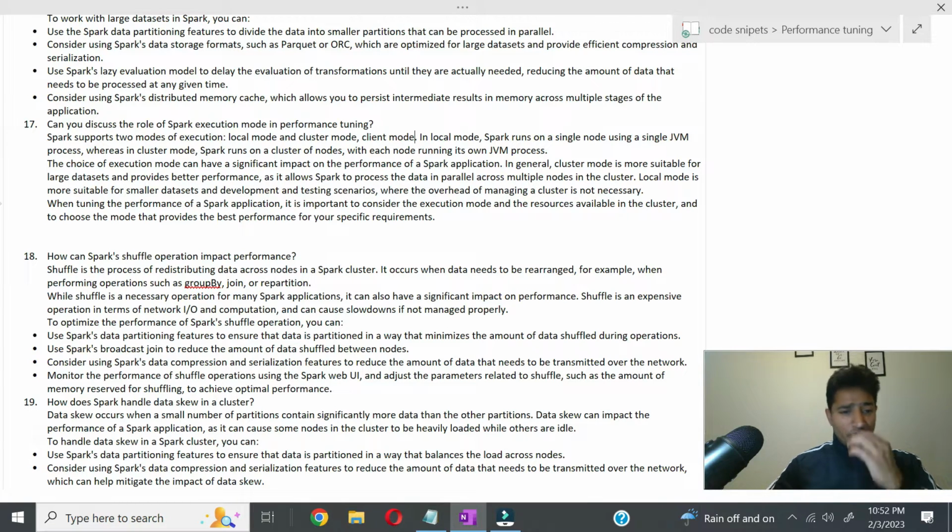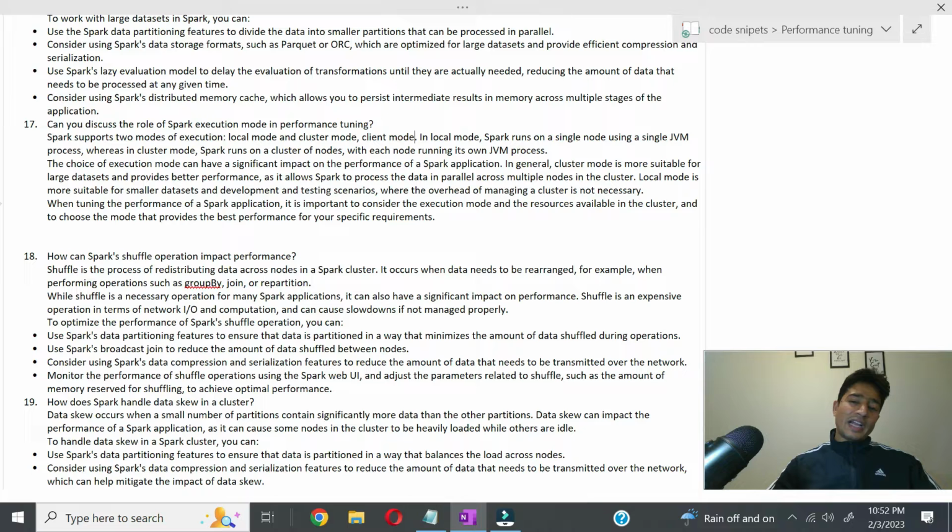The choice of execution mode can have a significant impact on the performance of the Spark application. In general, cluster mode is more suitable for large data sets and provides better performance, as it allows Spark to process data in parallel across multiple nodes in the cluster. Local mode is more suitable for smaller data sets and for development and testing scenarios where the overhead of managing a cluster is not necessary.